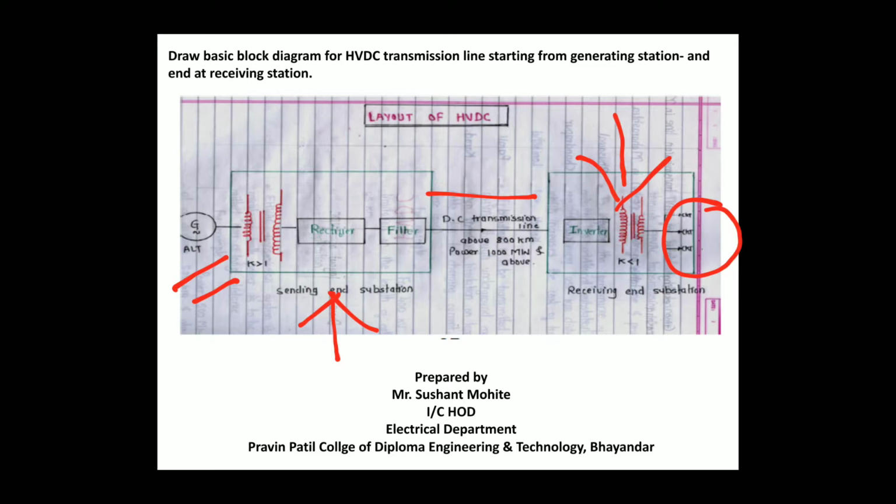Here we use the rectifier, which converts the AC into DC. Then here is the DC transmission line. After transmission of DC, here we use the inverter, which converts the DC into AC, and the output of the inverter is connected to the load. So this is the block diagram of the HVDC transmission line. It starts from generation to consumer.